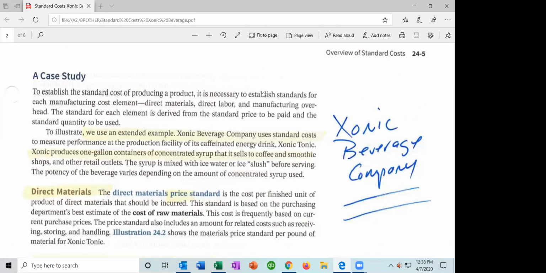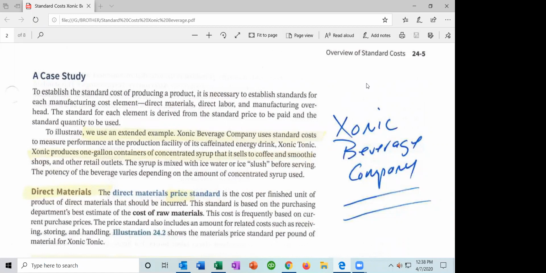To establish the standard cost of producing a product, it is necessary to establish standards for each manufacturing cost element: direct materials, direct labor, and manufacturing overhead. The standard for each element is derived from the standard price to be paid and the standard quantity to be used.